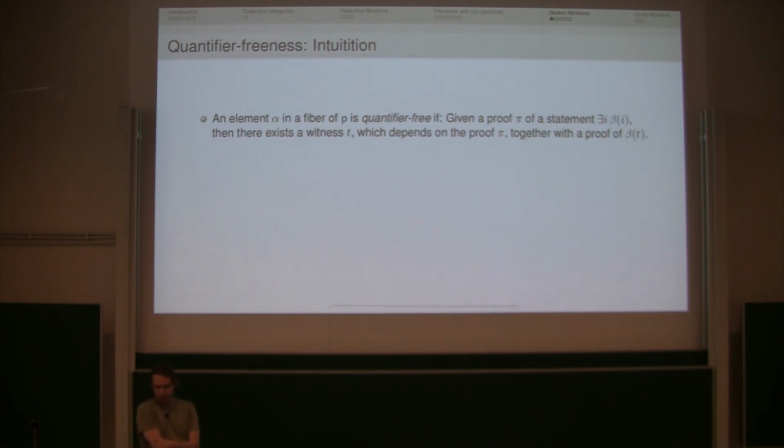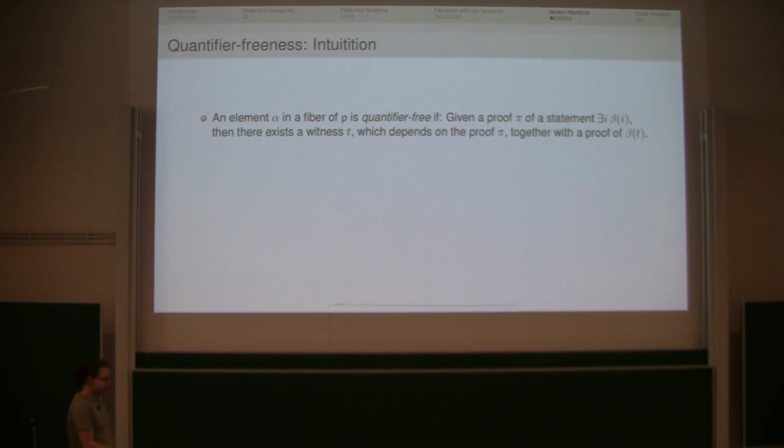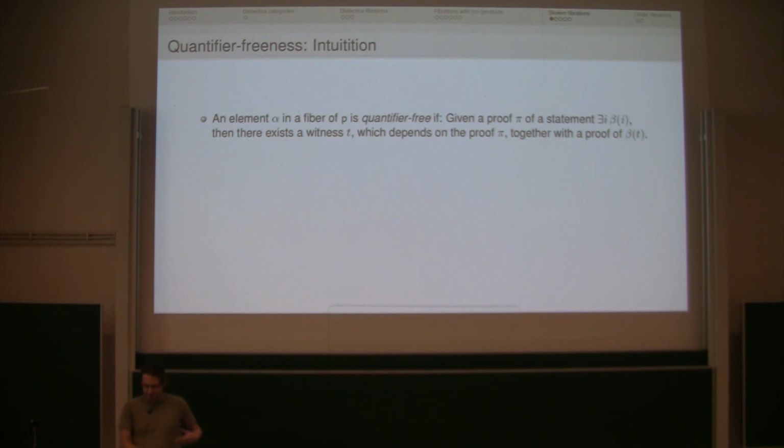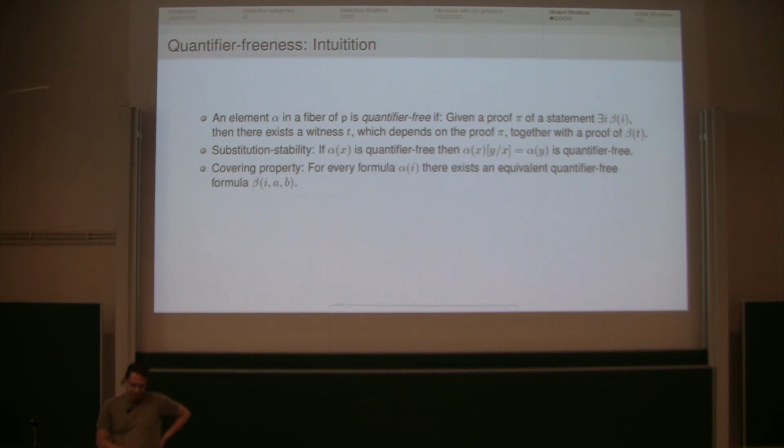So to get to the point of this alternative description for these completions, we want to generalize this previous notion of Gödel fibration in the non-dependent sense. Basically the idea is that such a fibration is one where you can always bring elements into the appropriate format.